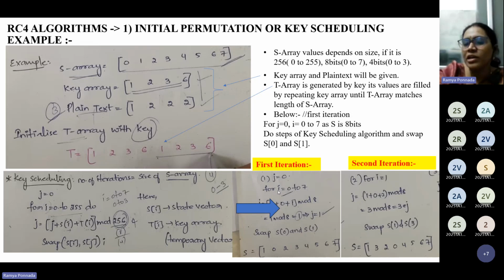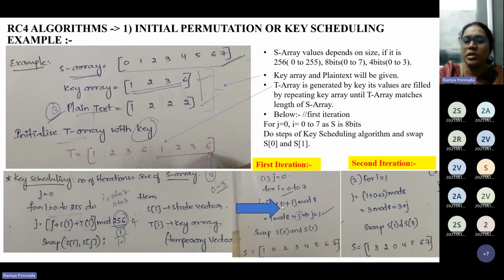So the i value goes from 0 to 7, right? For i equal to 0, what is your j value? The j value is 0, behind the arrow it is 0. Plus, what is the next one? S of i. The i value is 0, so S of 0 is equal to 0.